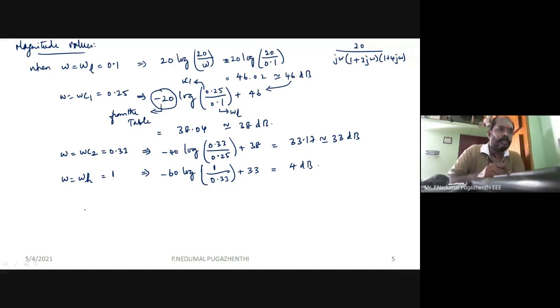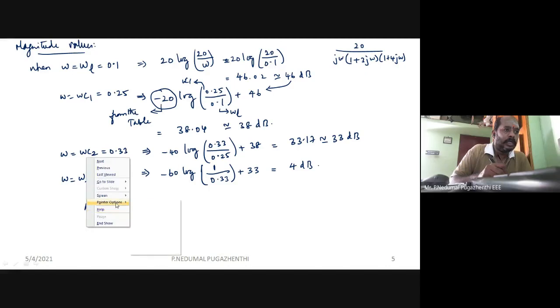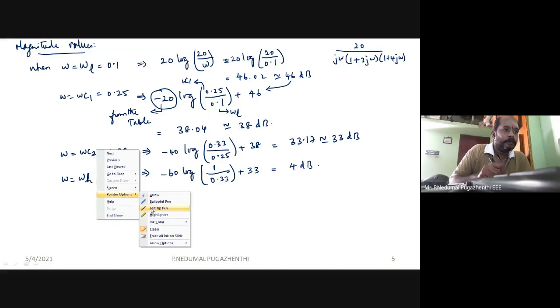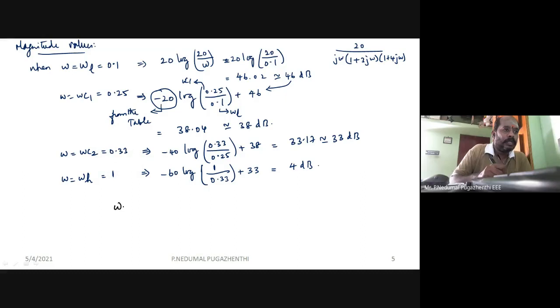I have all my values. Let me form a table: the magnitude A for different omega values, in decibels, against radians per second.